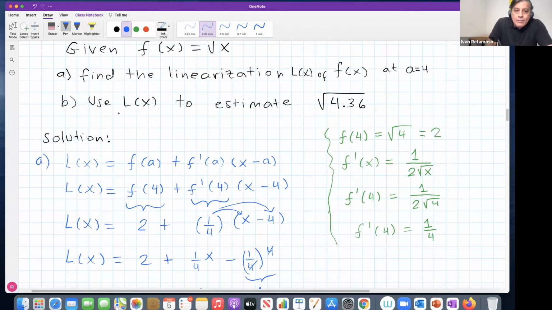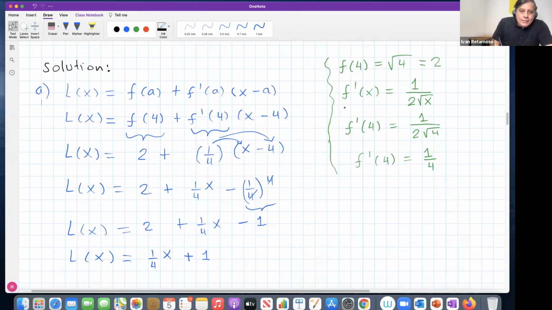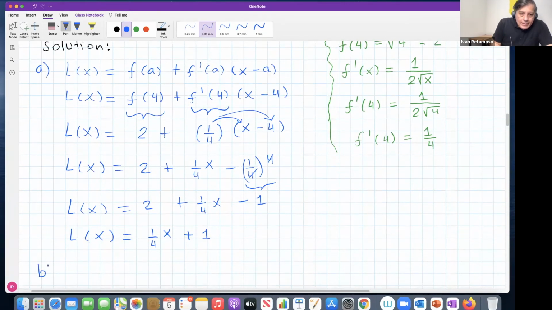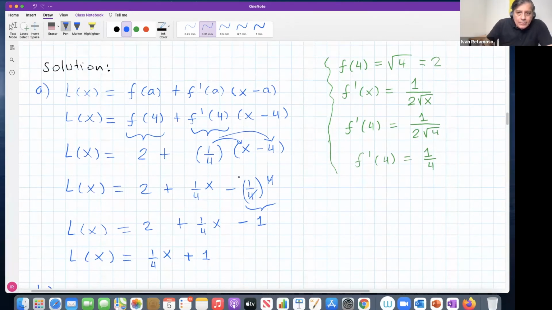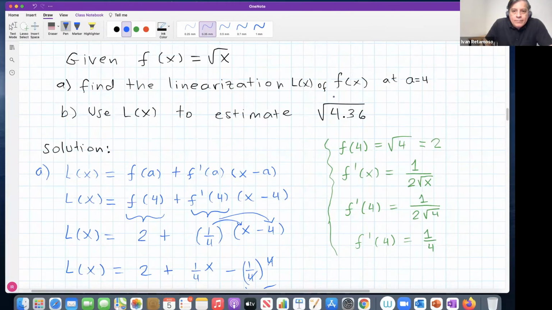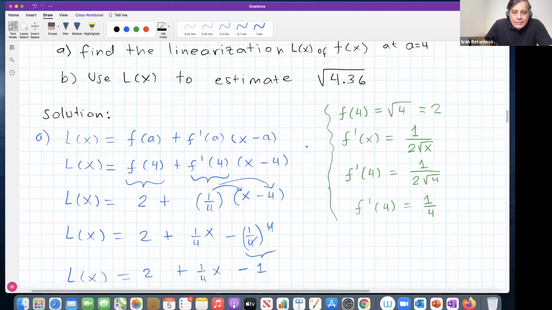Part B says use that linearization to estimate this. So remember, we said that if you want to evaluate a complicated function, instead of plugging into the function, you can use its linearization, right?